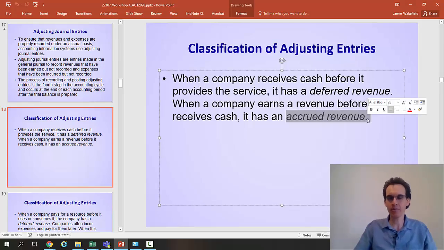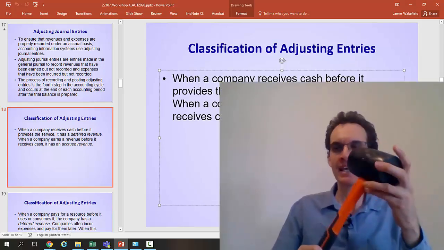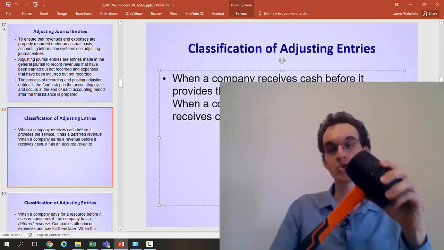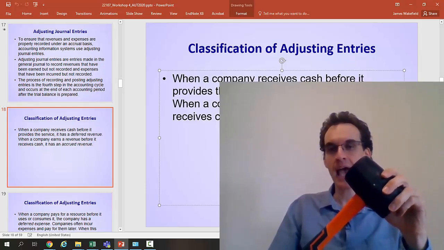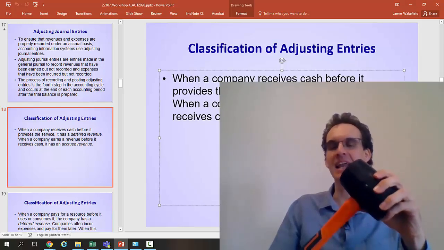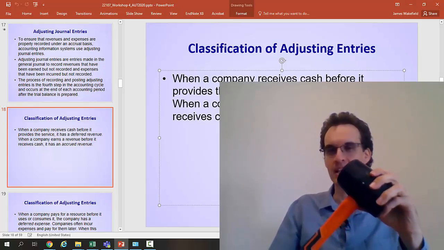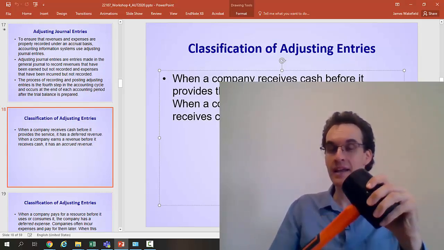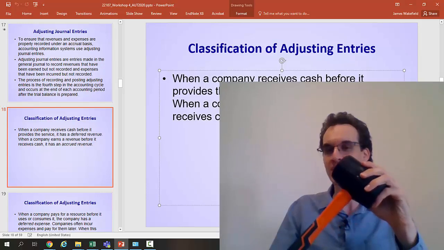A good example of that typically is, say, a carpenter. Carpenters will typically do work for customers and then expect payment at a later point. This is accrued revenue. They acknowledge that they've earned the money when they have done the work, but they charge you later.